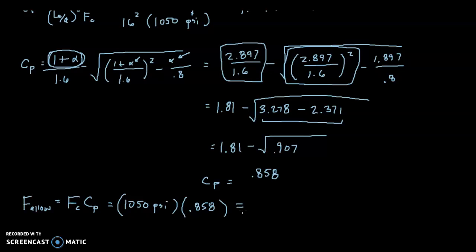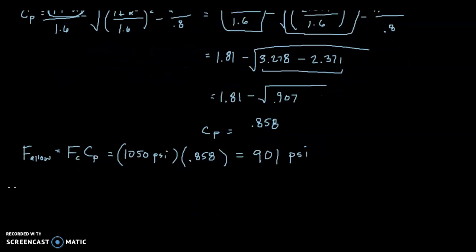If the column is taller and more slender, then this stability adjustment factor gets less. So 1050 multiplied by 0.858 is equal to about 901. I'm getting 900.9. So I'm just going to say 901 psi is the allowable stress.